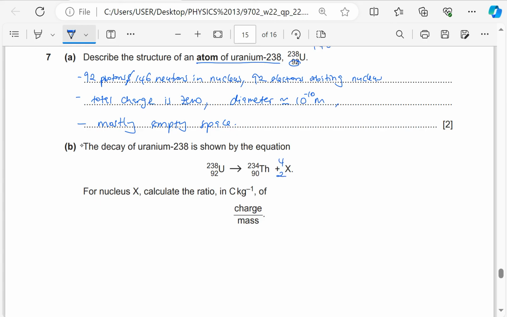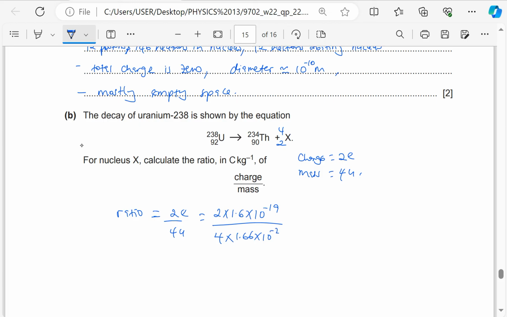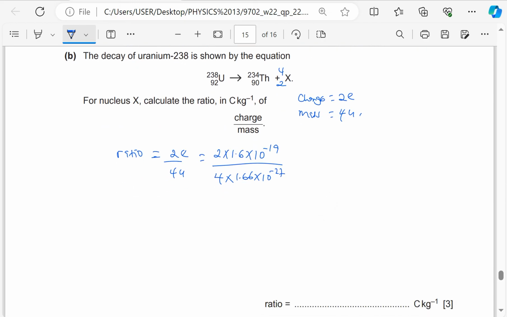So it means the charge is twice E and the mass is 4 times U. So the ratio is going to be twice E divided by 4U. So this is 2 times 1.6 times 10 to the power of minus 19, over 4 times 1U, which is 1.66 times 10 to the power of minus 27. These constants are given in the list of constants.